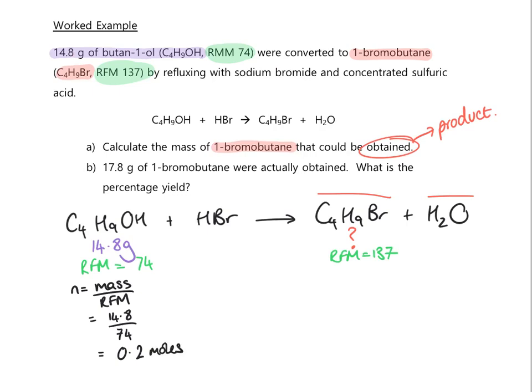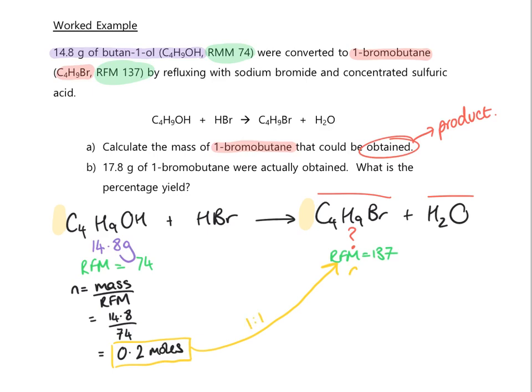Again, because we weren't given the value of the mass of hydrogen bromide, I don't need to work out its number of moles. I can't, because I don't have a mass. So I'm just bringing this over. That's my number of moles. I bring it over to the 1-bromobutane, and I need to think about my ratio. So look at the balancing numbers in front. You can see that in this equation there are no balancing numbers. So essentially our ratio here is 1:1.